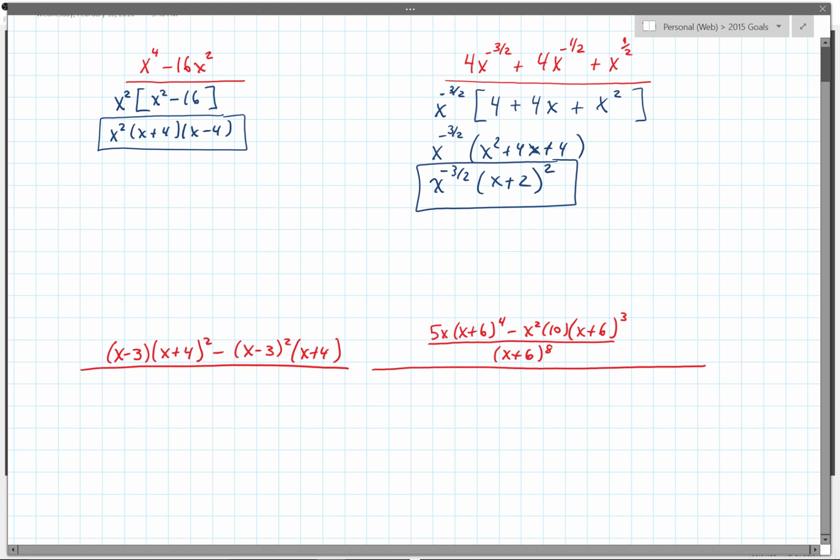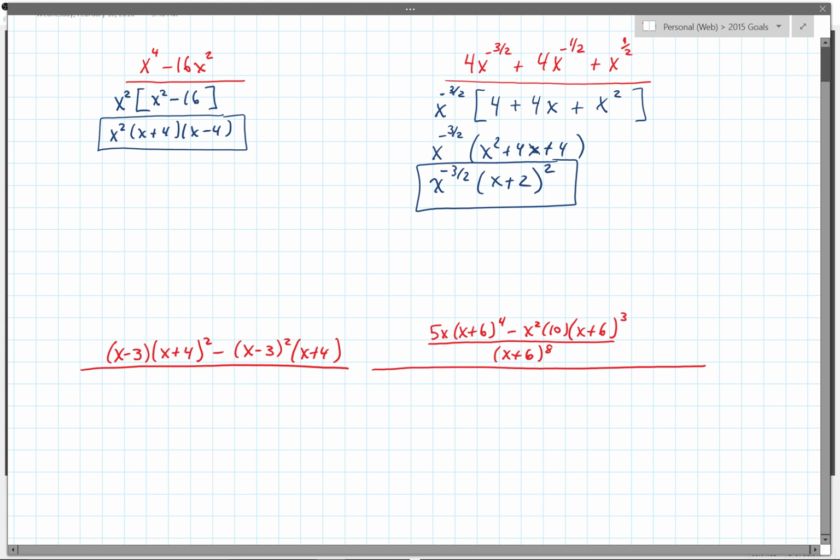Okay, let's speed this up a little bit and go to more complicated. Again, the rules are going to be the same. I have 2 major terms here. It might actually be a little bit difficult to see. Term 1, term 2. What's in common? Their factors have 2 bases, an x minus 3 base and an x plus 4 base.